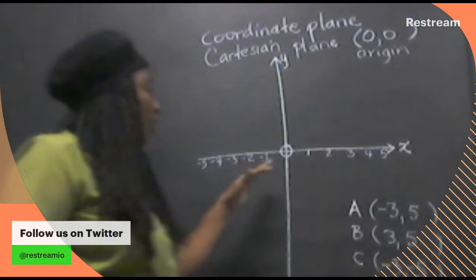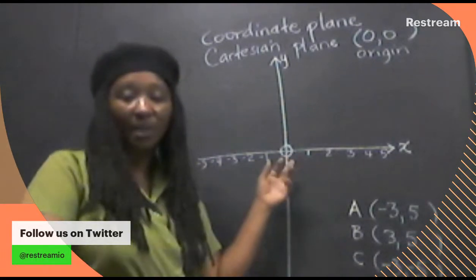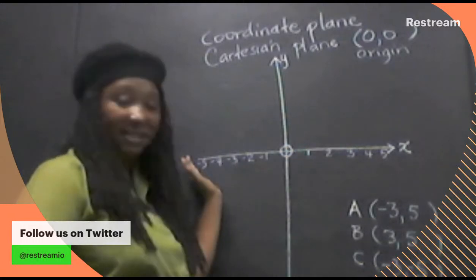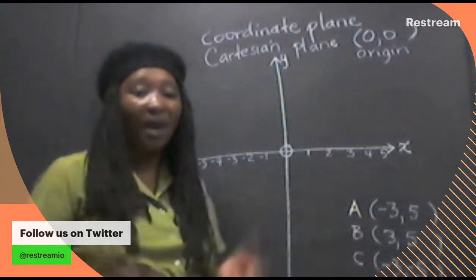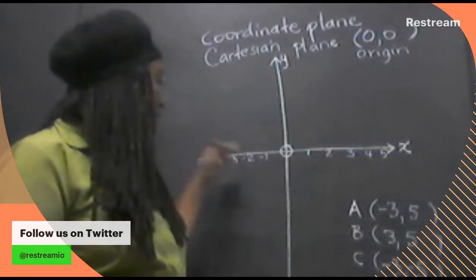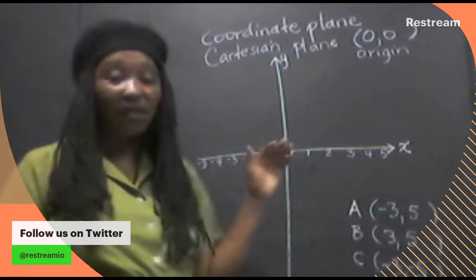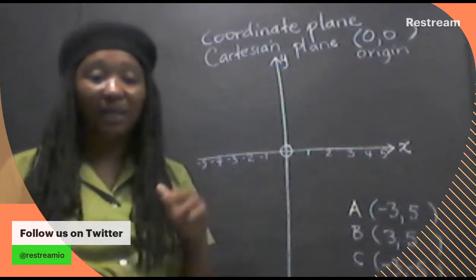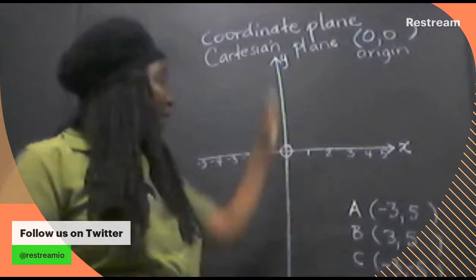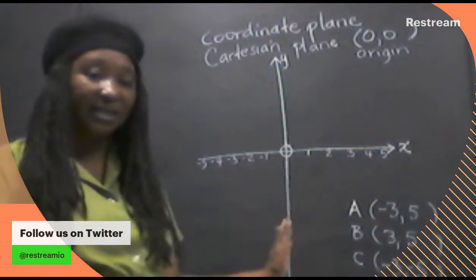So if you choose to go up by 1 on the x-axis, both positive and negative, if you're saying 1 box for 1 unit, it has to be consistent. 1 box to 1 unit. If you're saying 2 boxes to 1 unit, it has to be consistent. But you can choose a different scale for the y-axis.